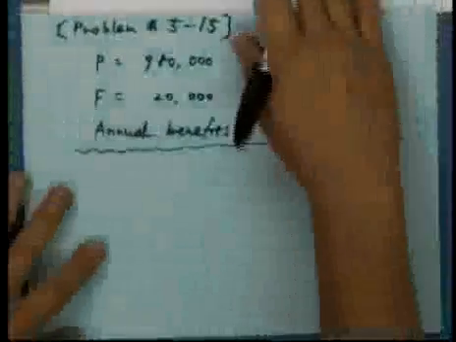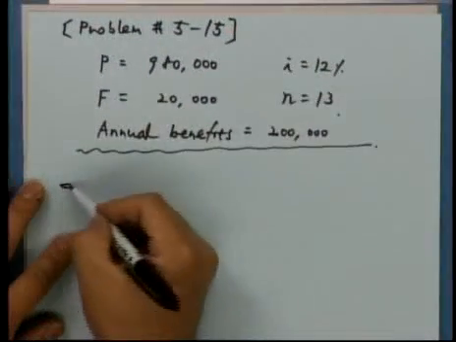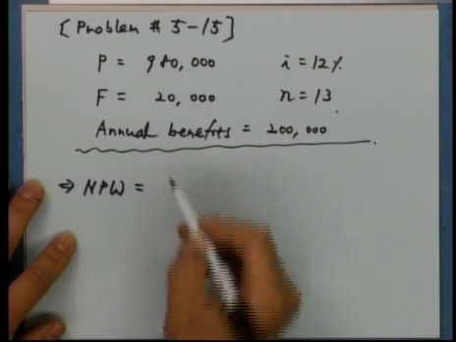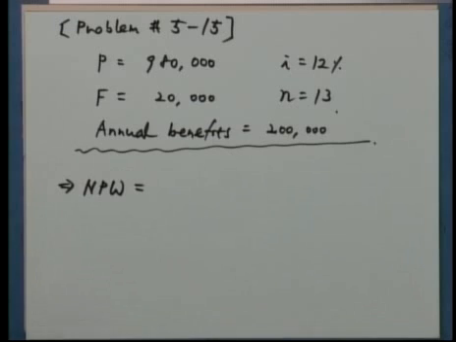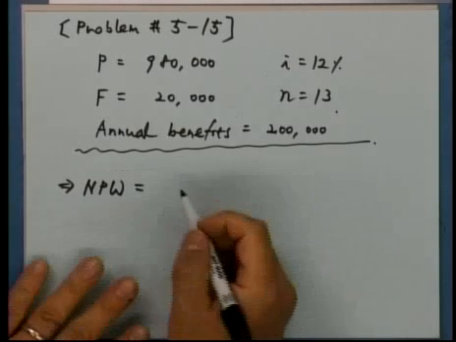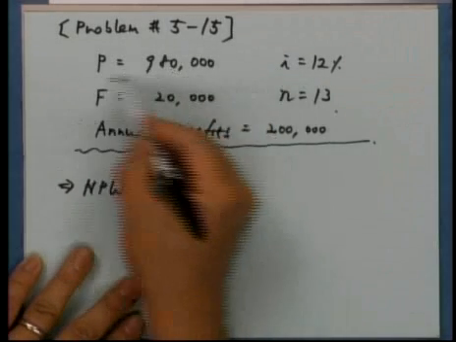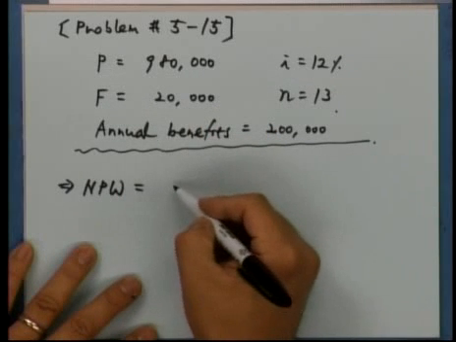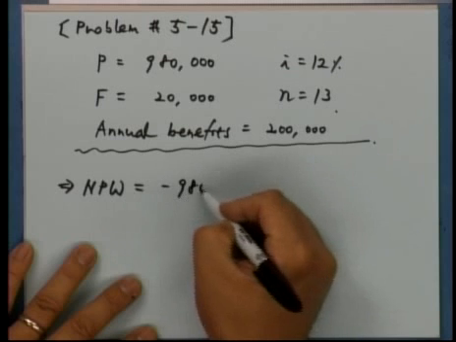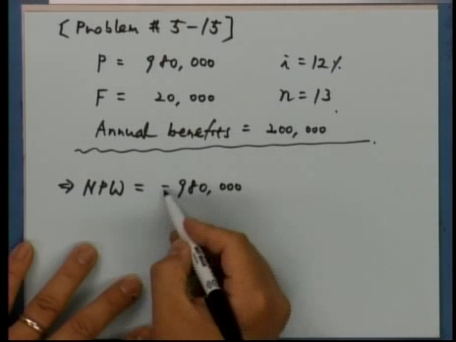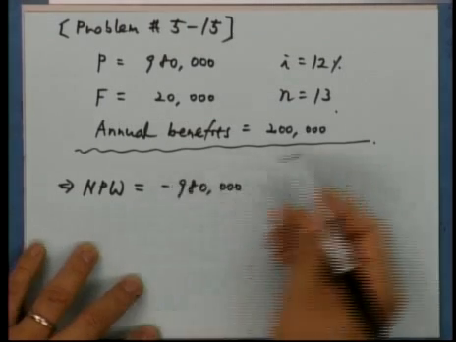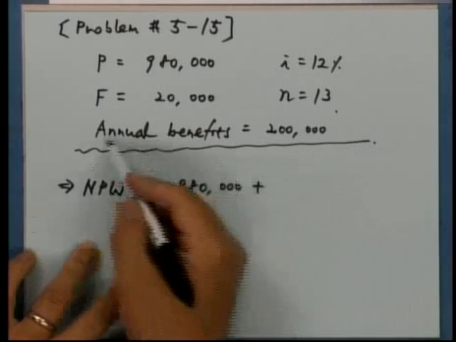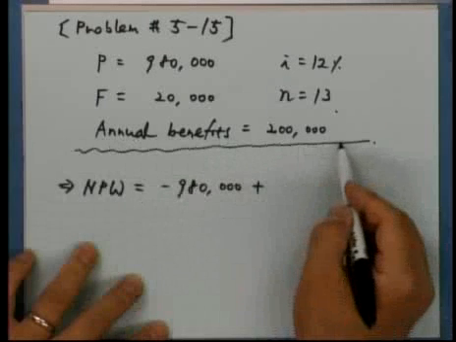Now, let's get the net present worth. So this is the present value that will cost you $980,000. So I put negative, and then there is an annual benefit of $200,000.